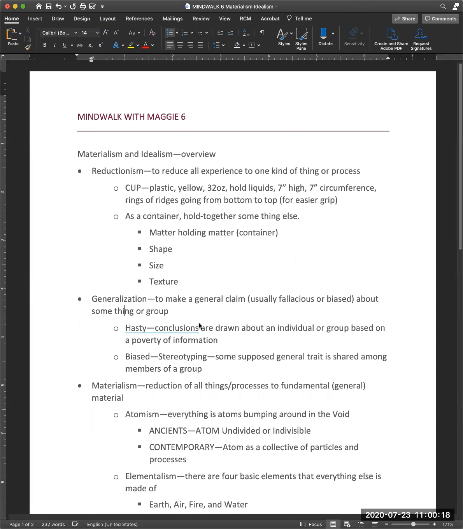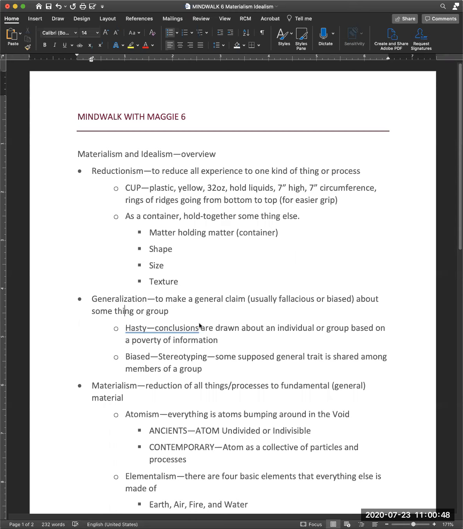And a lot of what goes on in political debate has to do with having a reductionistic view of human nature, reducing all human nature to being badness or evil, and then having generalizations you use that demonstrate the evil of different groups, possibly not the evil of the group you belong to, but certainly the stereotypes of all the other kinds of groups. Okay, so that's reductionism and generalization.